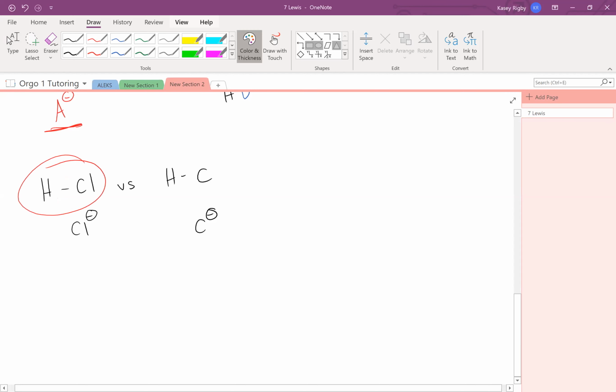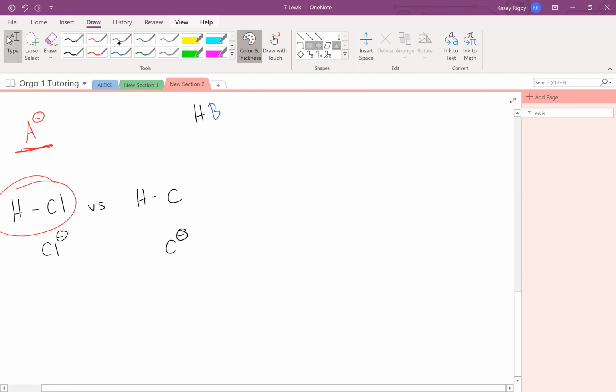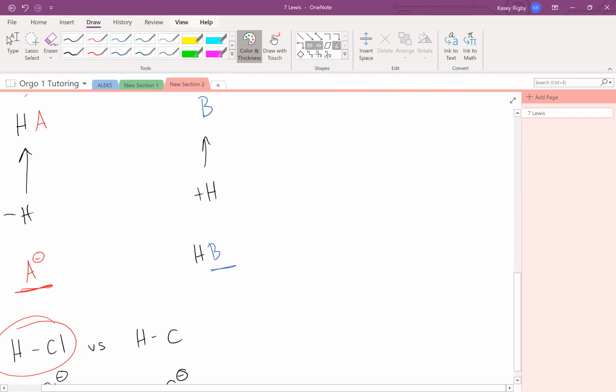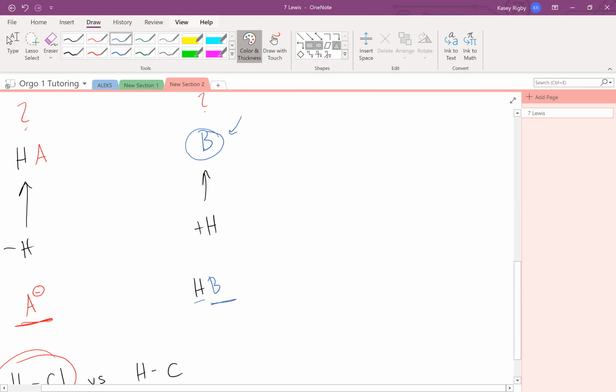Okay. On the flip side, when we're looking at a base, the less stable a base is without that hydrogen, the more desperate it is to get a hydrogen to fill that spot, the stronger it is. So the less stable a base, the stronger it is.